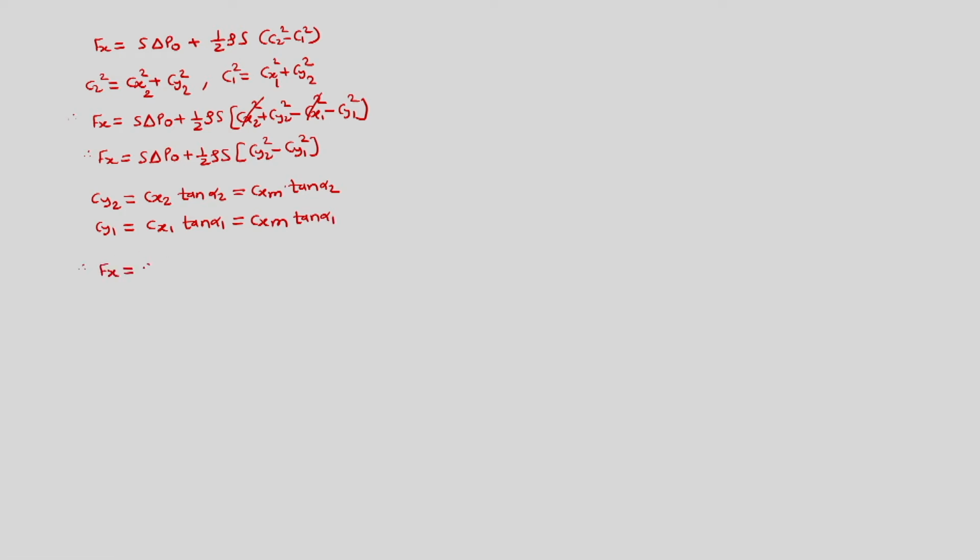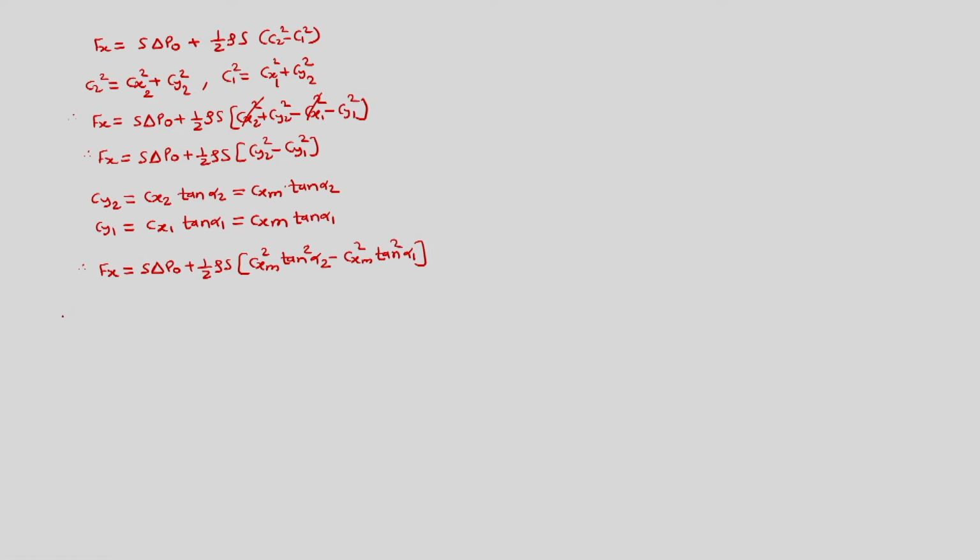So Fx is equal to S delta P naught plus half rho S into Cxm square tan square alpha 2 minus Cxm square tan square alpha 1.